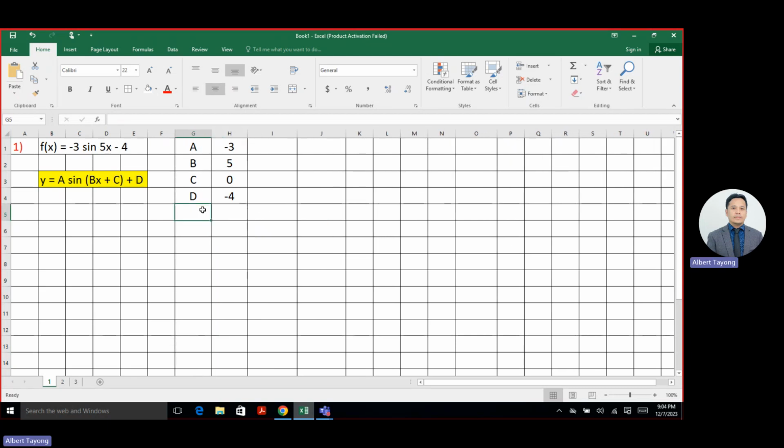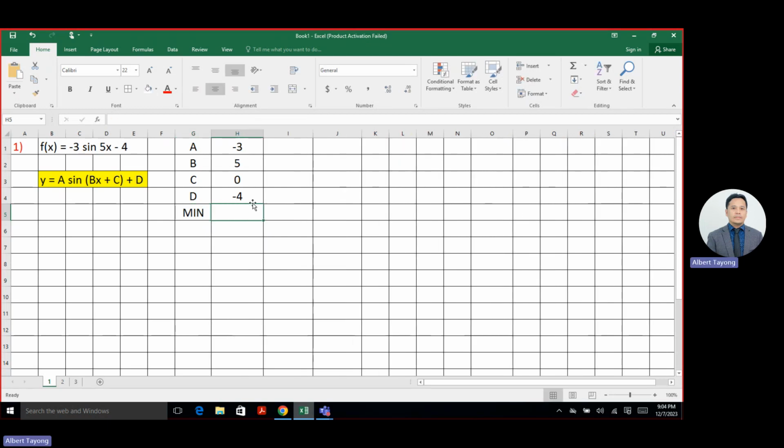Next is to find the minimum. The minimum is equal to d minus the absolute value of a. And the maximum is d plus, change minus to plus, the absolute value of a.